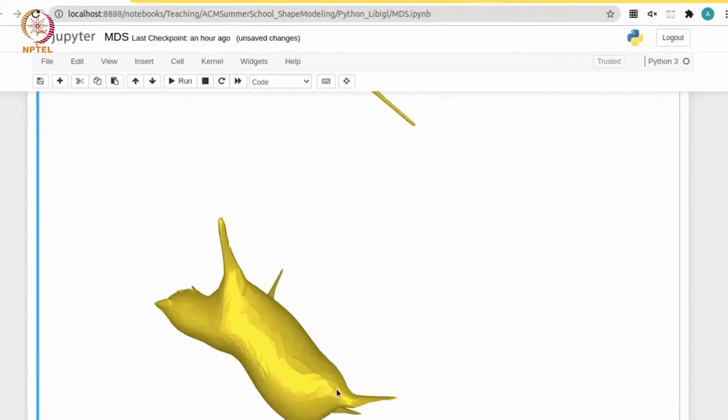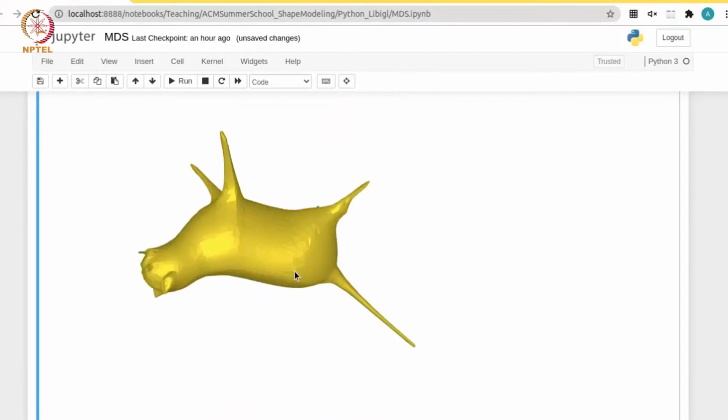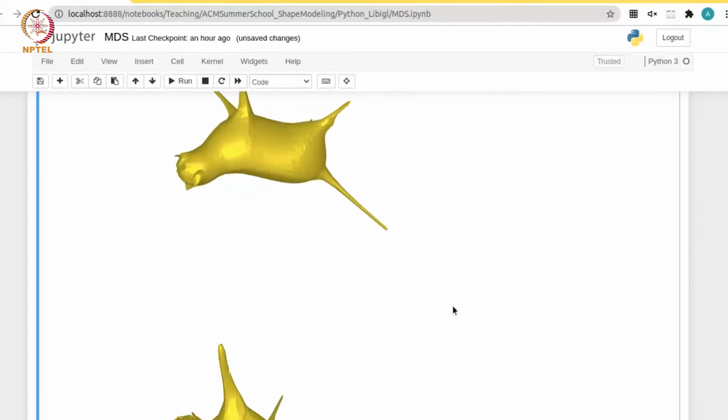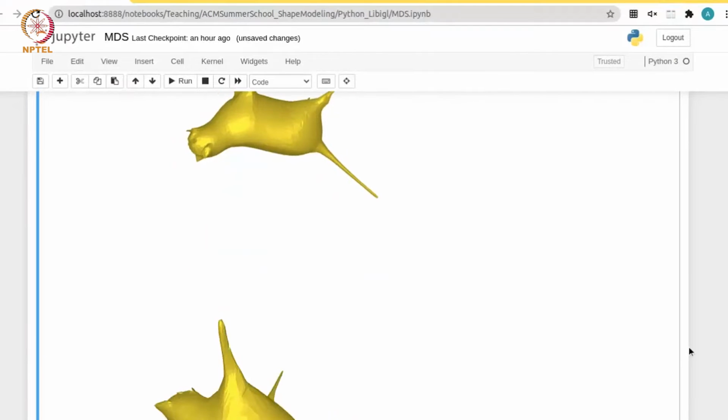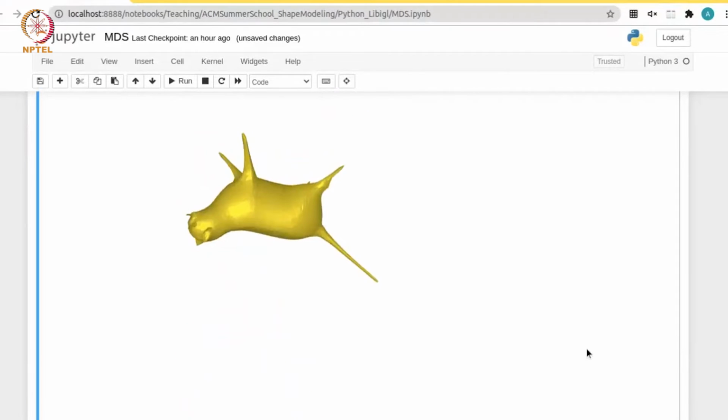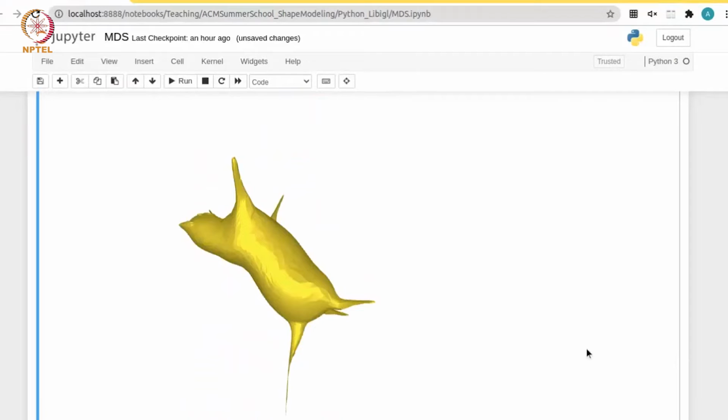Here it's still a little curved due to the deformation, but it's still trying to stretch it and bring both of these poses into an almost common pose. So basically you can see that they seem to be more rigid deformations of each other than anything else. This and this.